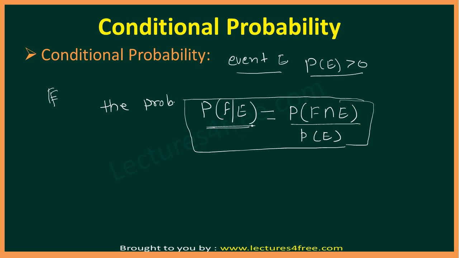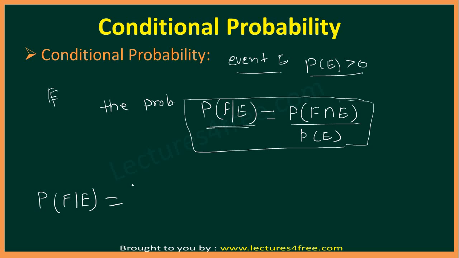We can write it like this: the probability of F intersection E will be the number of times E and F happen together divided by the sample space, and the probability of E is the number of ways E can happen divided by the sample space. In numerator and denominator we both divide by the number of ways the sample space can happen, so that cancels.